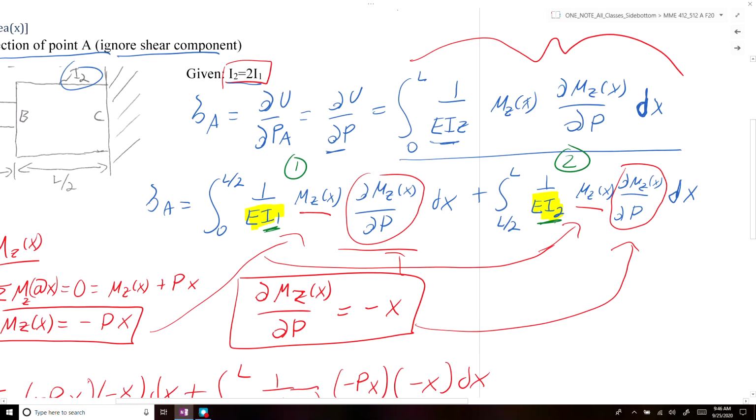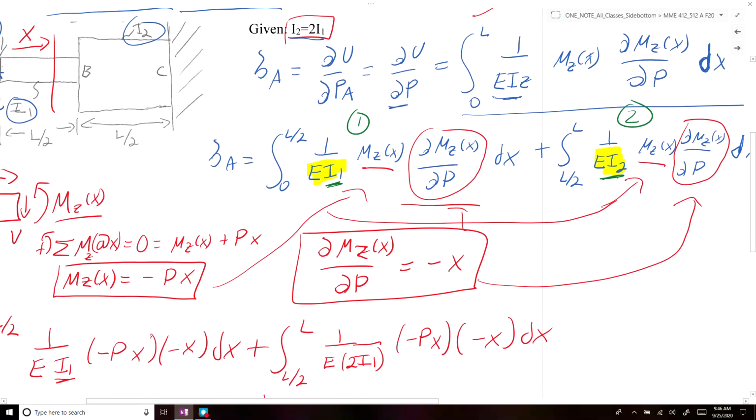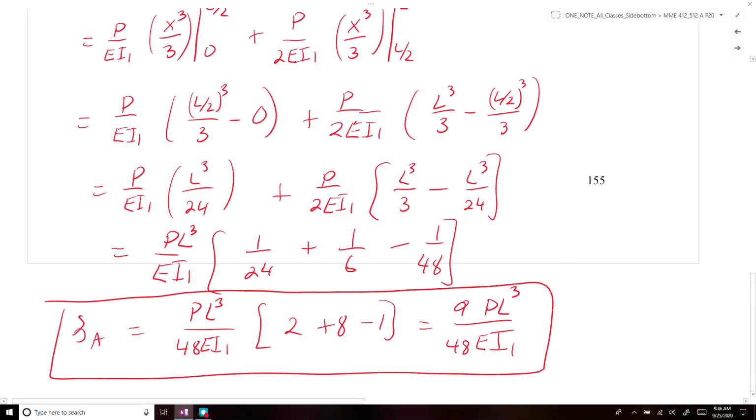And then we had to define our function Mz of x, which in this case was the same for both integrals, and we also had to define the derivative of that moment as a function of x with respect to the applied load at the point of interest, which in this case was P. After that, once we plugged everything in, it was just evaluating an integral to get our answer.